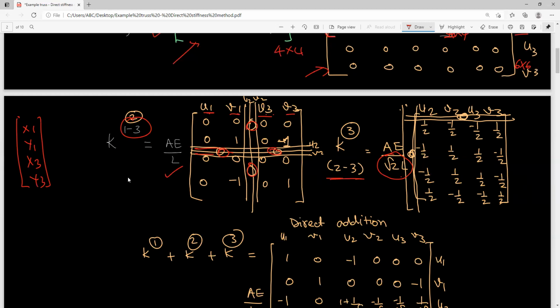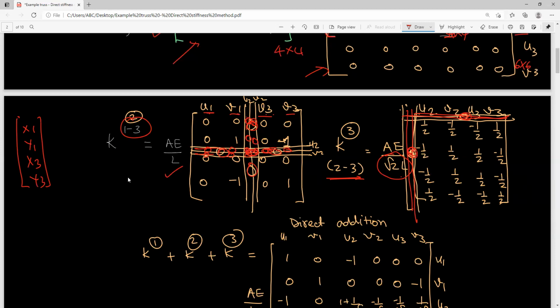Similarly, for member 2, 3, the variables of node 1 are not significant in these matrices. So you may introduce the first and second rows and first and second columns as zeros here. Just to save space, I have not written it, but you will understand that you have to introduce zeros in line with the corresponding variables available in that particular column.